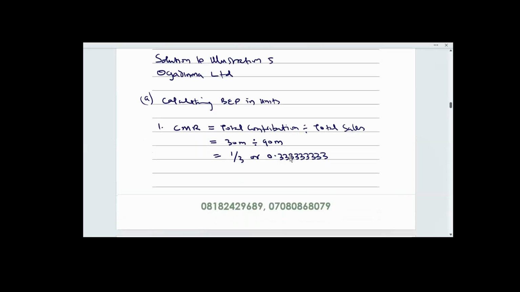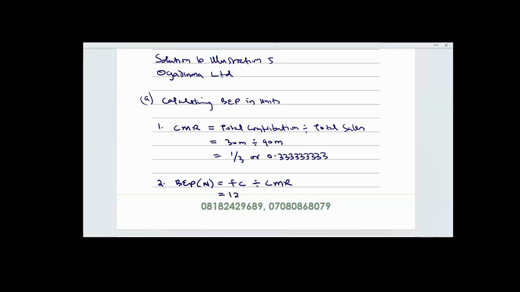Step 2 says you should calculate break-even point in naira for the entire organization. So step 2, break-even point in naira for the entire organization, which is equal to fixed cost divided by contribution margin ratio. So I will then go to the question, how much is the fixed cost? We are told that fixed cost is 12 million naira.